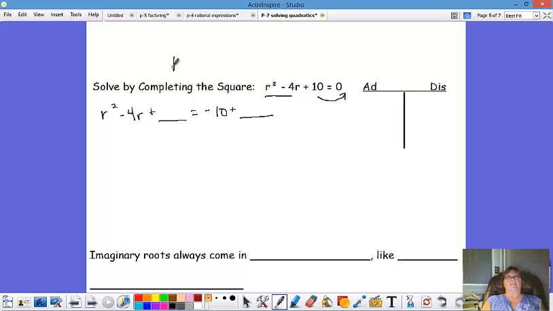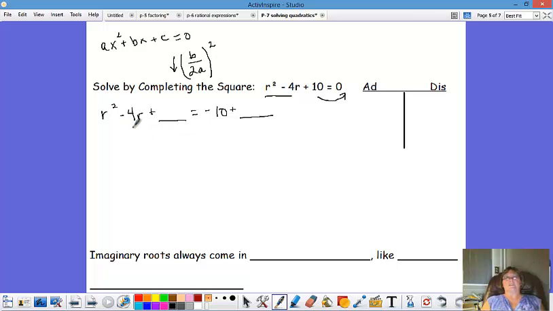And here we're going to give you a rule. What goes in the blank, if we're considering a quadratic to be written in this form, ax squared plus bx plus c equals 0, what goes into the blank there is (b over 2a) raised to the second power.